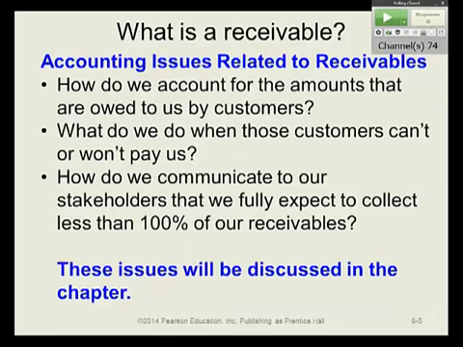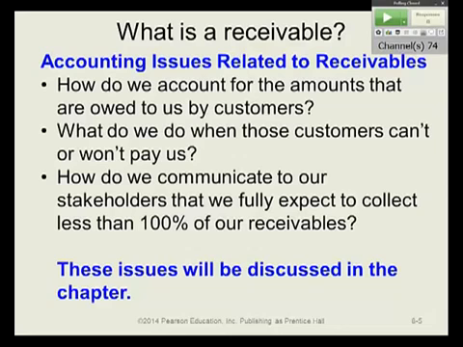On the bad debt expense, we know we're going to have to come up with an estimated measure. We'll get back to that. So those are our two issues. And again, remember that receivables are on the balance sheet. And the bad debt expense is going to be on the income statement.